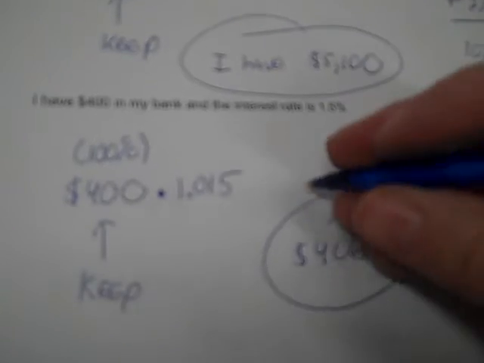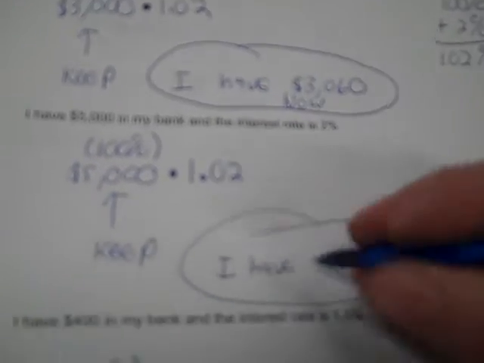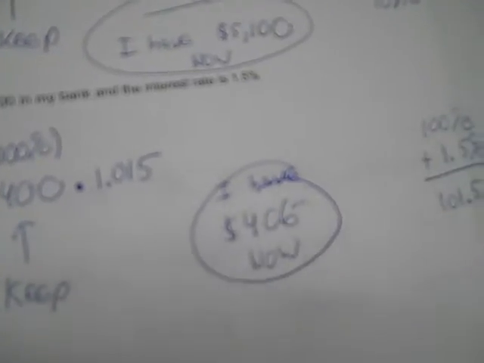So I had 400, now I have 406, right? I have 406. And also put now after all these. Now, I want you to pause the video and do these three.